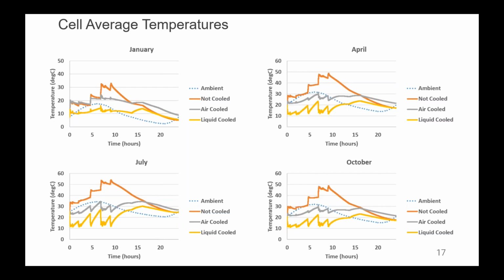And then for the liquid-cooled case, what we actually see is that the liquid cooled is cooling the cells while the vehicle is running, and then the cells are heating up during warm months while the vehicle's not running. So in that case, it's a very efficient cooling system.